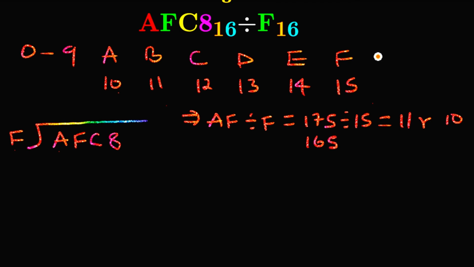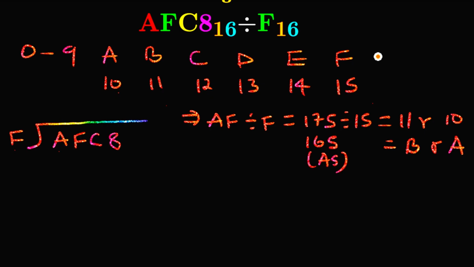If we translate these into hexadecimal, 11 is the same as B. So B, remainder 10, and 10 is the same as A. But 165 in hexadecimal is the same as A5. So we write A5 here.